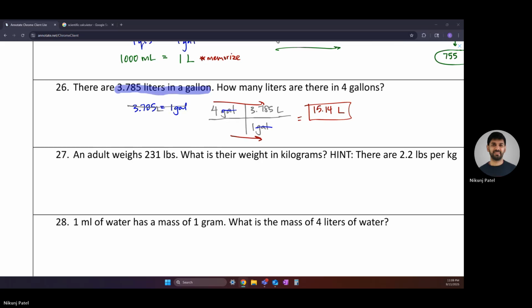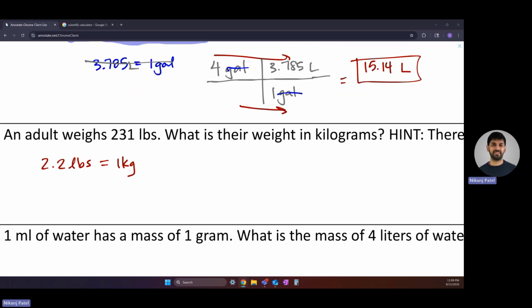27. We have that an adult weighs 231 pounds. What is their weight in kilograms? And we look at that hint, 2.2 pounds equals 1 kilogram. Most likely we're just going to need one conversion here because it's talking about going from pounds to kilograms.